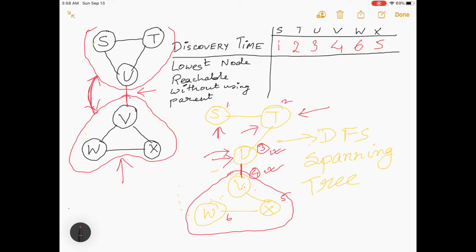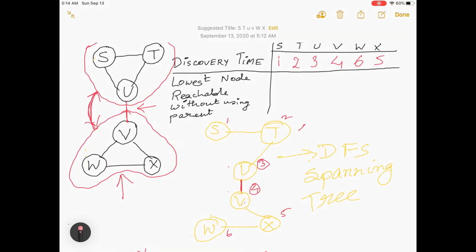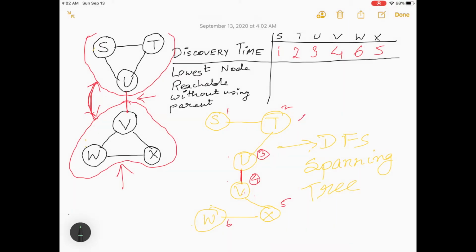And if that is not the case, then we would say that UV is a bridge, because the earliest discovered node that can be reached from V using its descendants and at most one back edge is V itself.